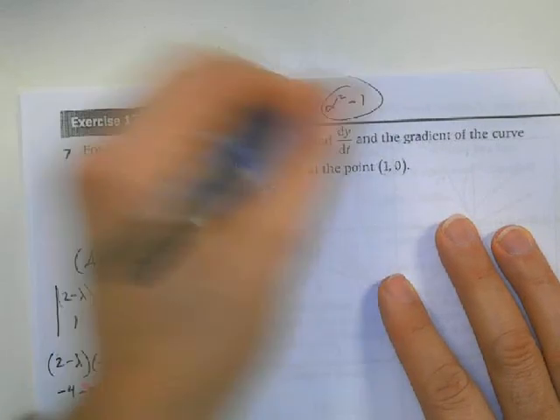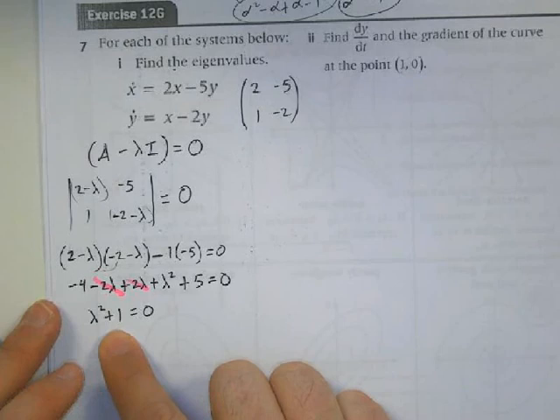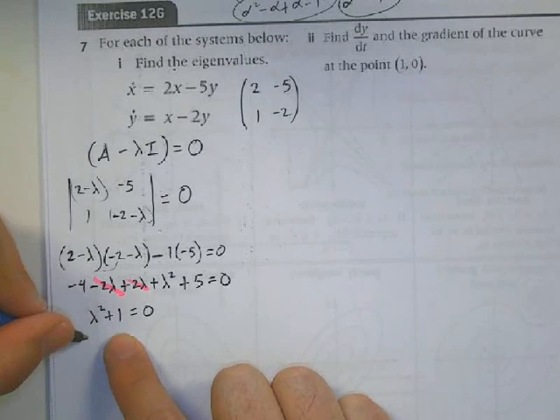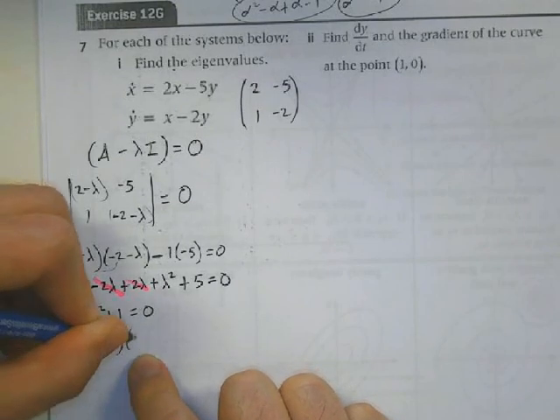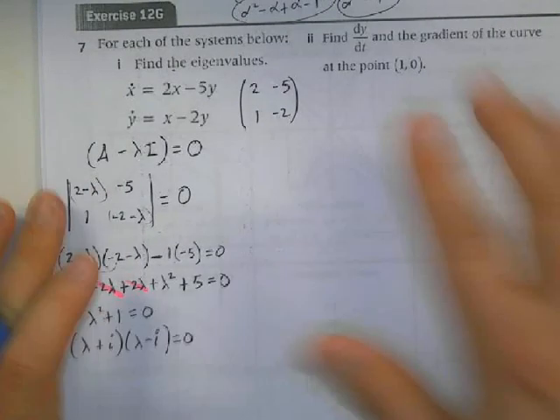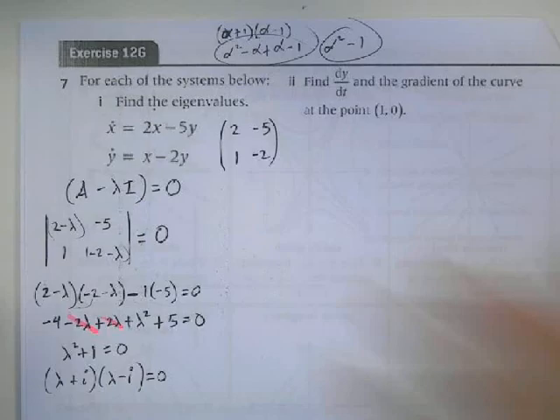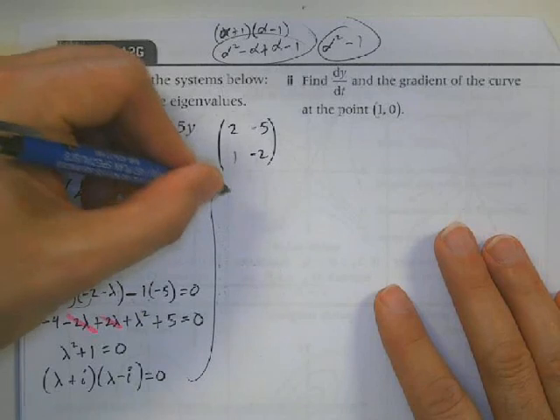But this is lambda squared plus 1. So this simplifies to lambda plus i times lambda minus i. Now let's just say you didn't know that. Okay, you forgot this, you fell asleep, and your brain was tired. That happens. So there's this magical thing called the quadratic formula.